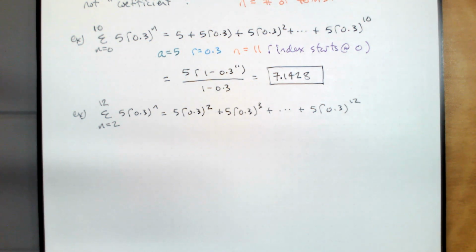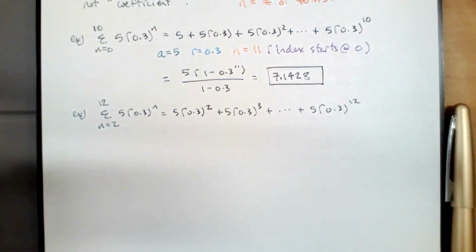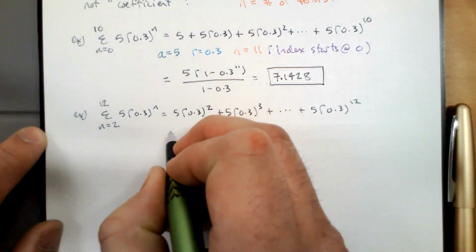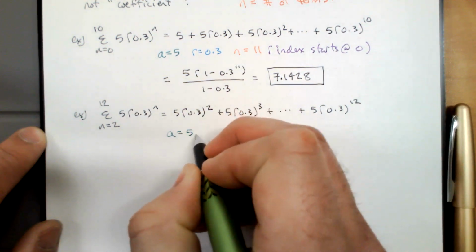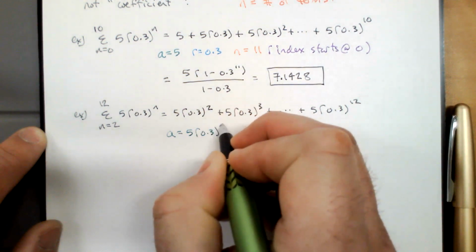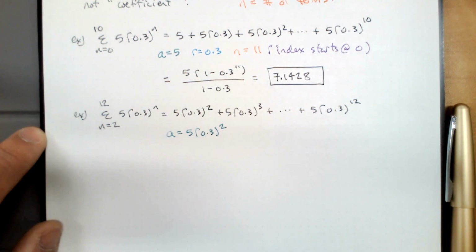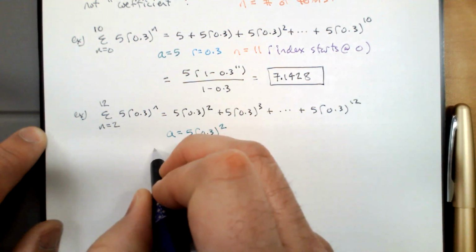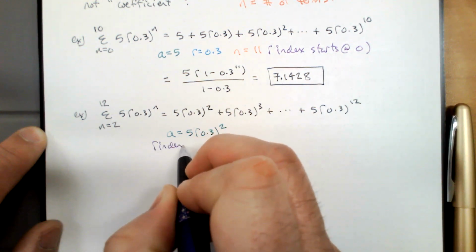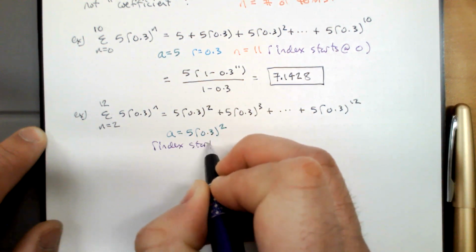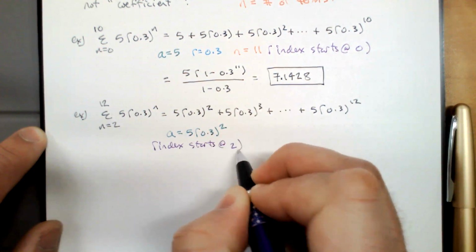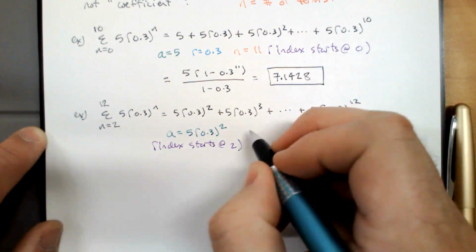Here, our first term is not just the coefficient 5 because the indexing starts at 2. The first term is 5 times 0.3 squared, because the index starts at 2. The common ratio is still 0.3.